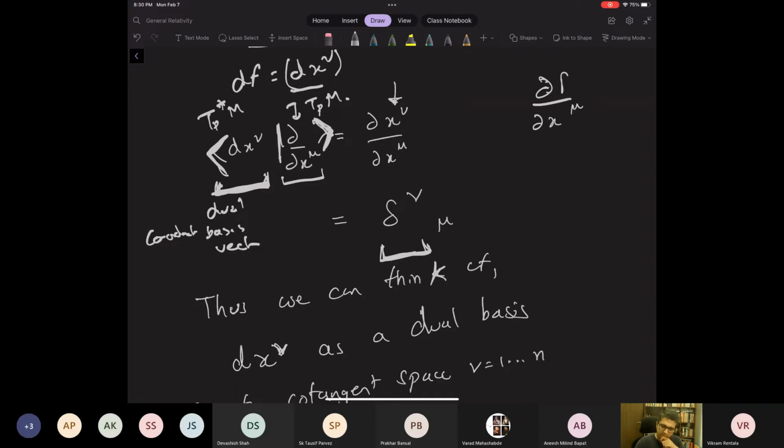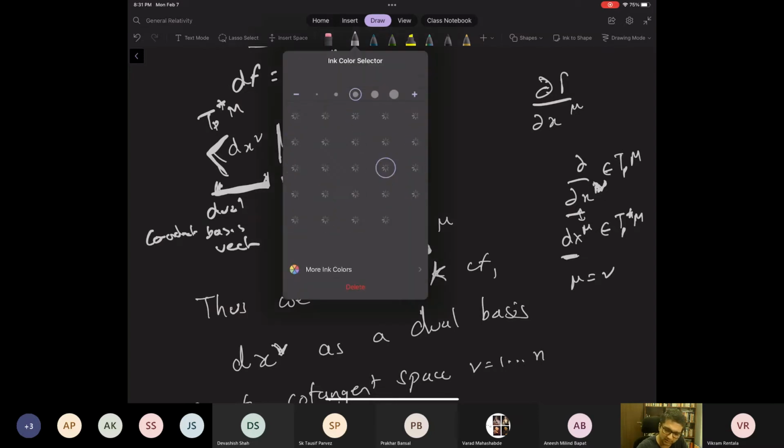So that means that associated with every partial x mu vector, which belongs to TpM, you can find a dx mu which belongs to Tp star M, such that the inner product of these two is 1. That's what we mean by a dual basis. If mu is equal to nu, then the dot product is 1. If mu is not equal to nu, then the dot product is 0.